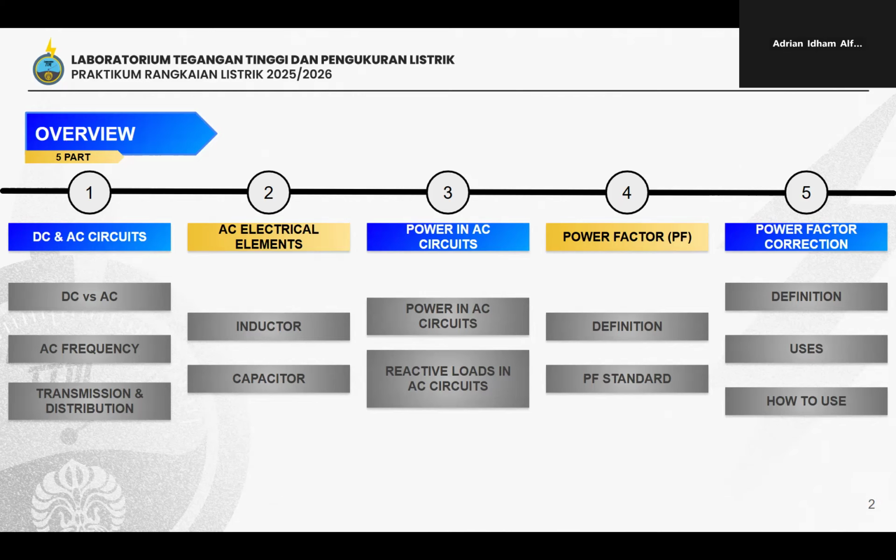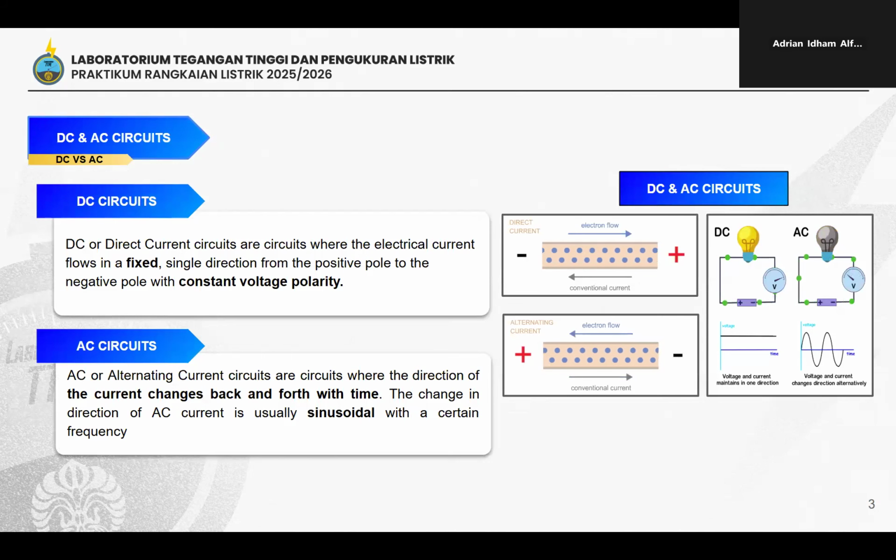Okay, let's discuss it. First, the definition of DC and AC circuits. DC or direct current circuits are circuits where the electrical current flows in a fixed single direction from the positive pole to the negative pole with constant voltage polarity.